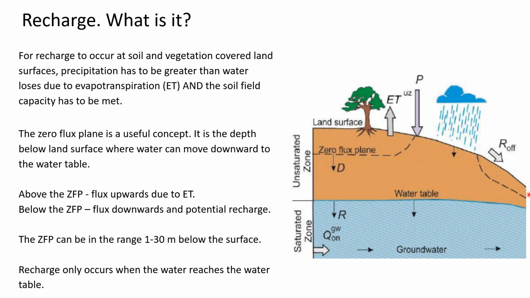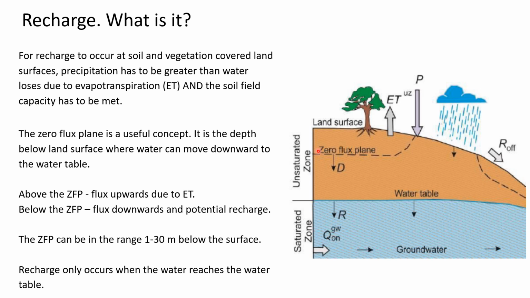A useful concept is this term called the zero flux plane, and this is also drawn on this figure, so it's the dotted line here and also on the left hand side here. And this is the depth below the land surface, where below that location the water can actually move down towards the water table.